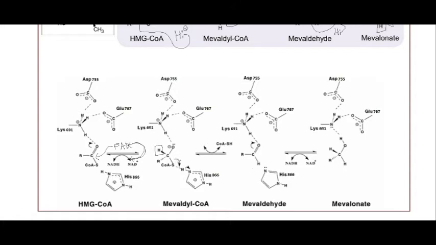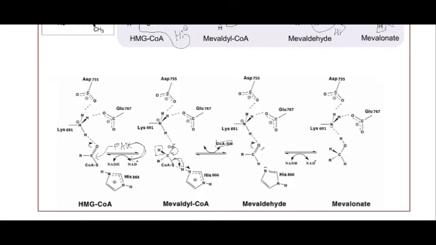And that's allowing the coenzyme A to be kicked off. So the extra electrons on this oxygen are collapsing back down. Then the electrons from this bond are going to take this hydrogen off of the histidine and remove this coenzyme A here.